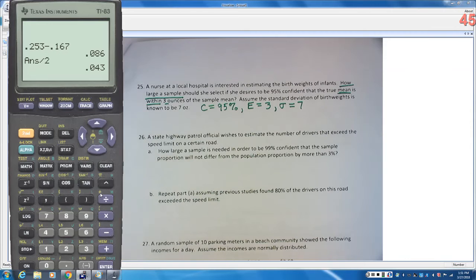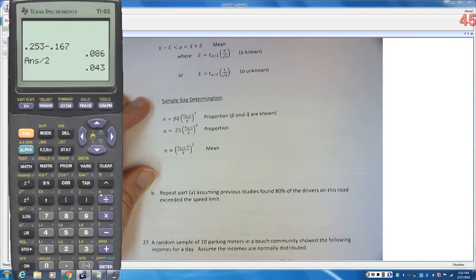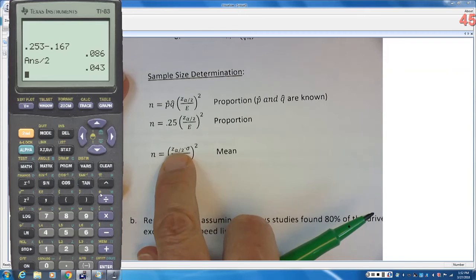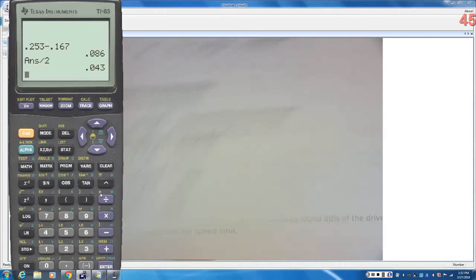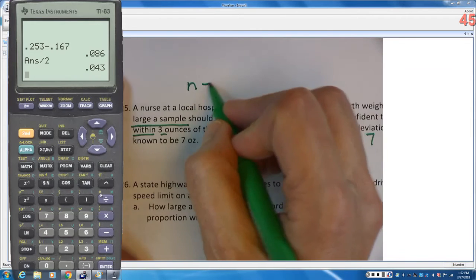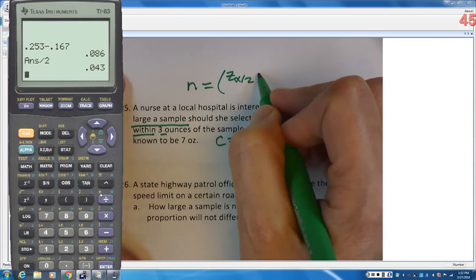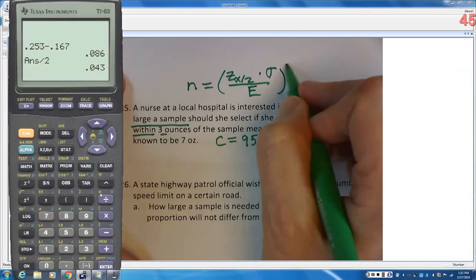So, sample size, here it is on our formula sheet. Sample size determination for a mean: you're going to use this formula. N equals the critical value times sigma divided by E, squared. I'm going to write it up here. N equals the critical value for a confidence interval times sigma divided by E squared.